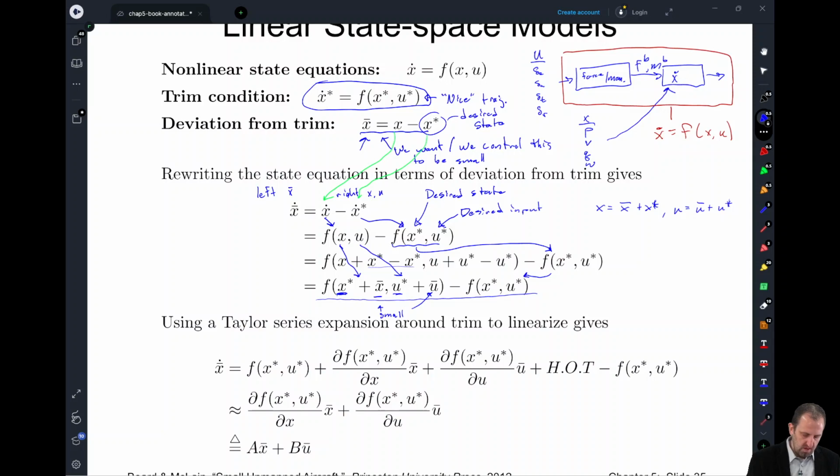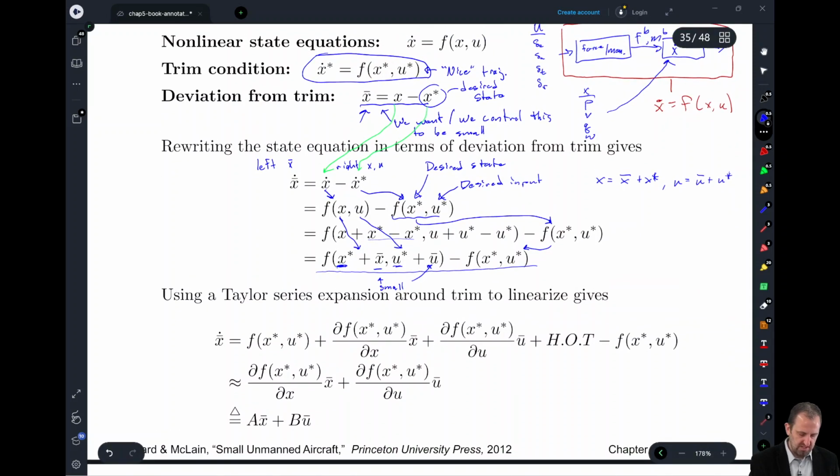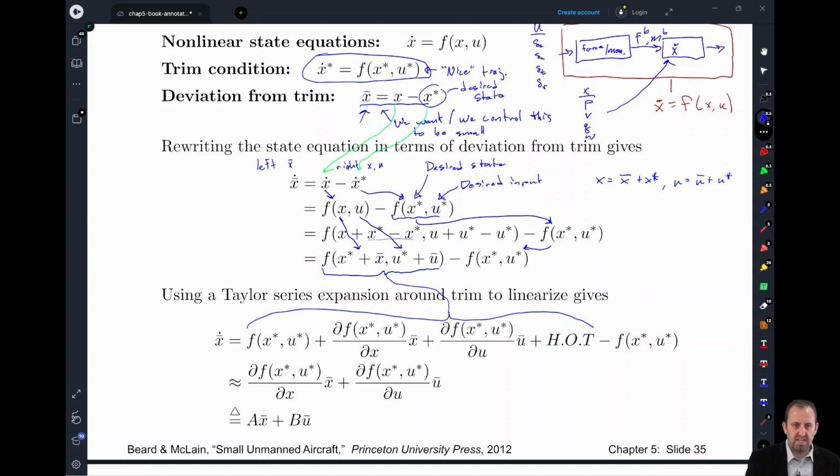So what we do is we say, using our Taylor series expansion, this guy, and I'm going to erase those components just so I can keep writing. This right here, and we'll say this right here, that's our Taylor series expansion.